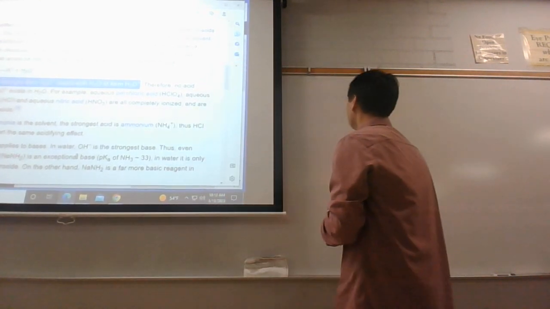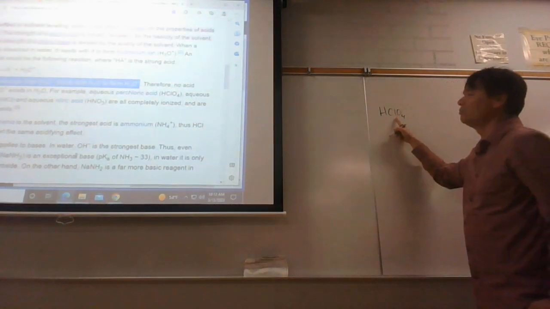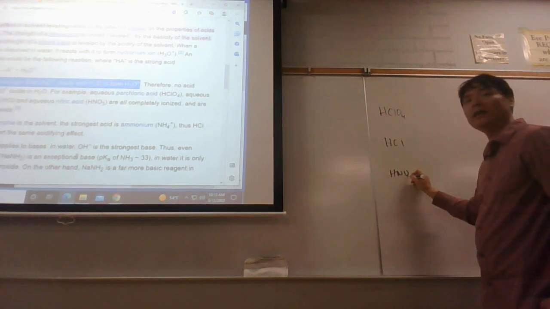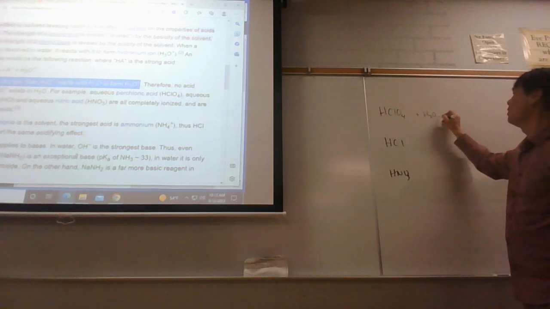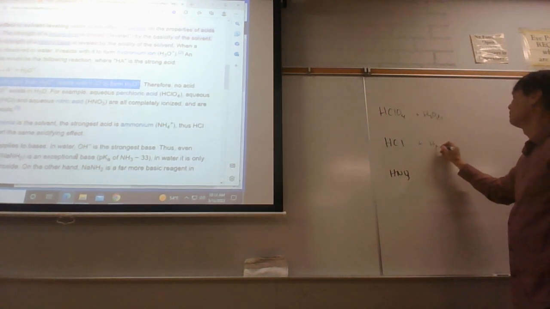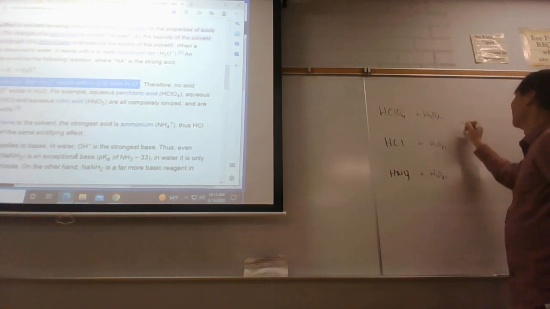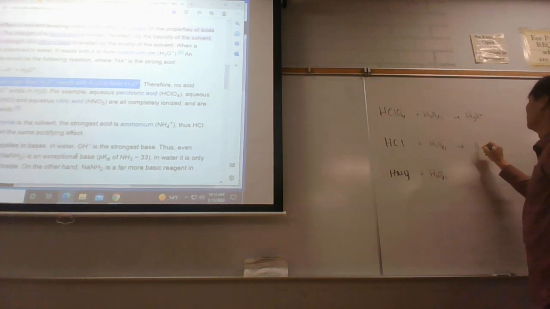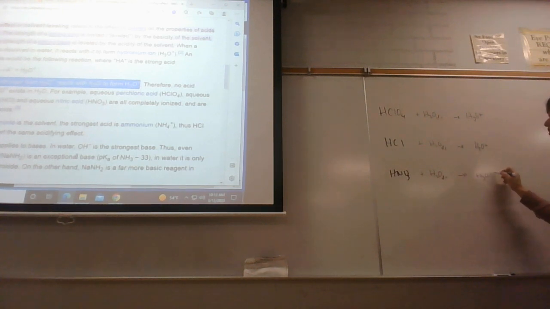So I told you HClO4 was the strongest. In fact, in terms of ranking, it's HClO4, and then HCl is weaker, and then HNO3 is weaker yet. But all these are plenty strong enough to react completely with water. And they all result in the same amount of H3O+. The amount of H3O+ is going to tell us how good an acid it is. Strong acids yield lots of hydronium.